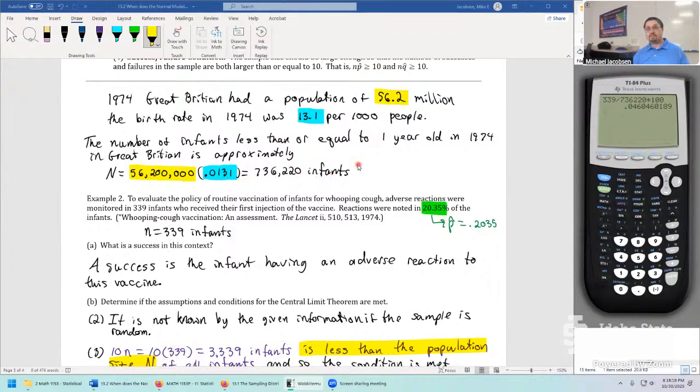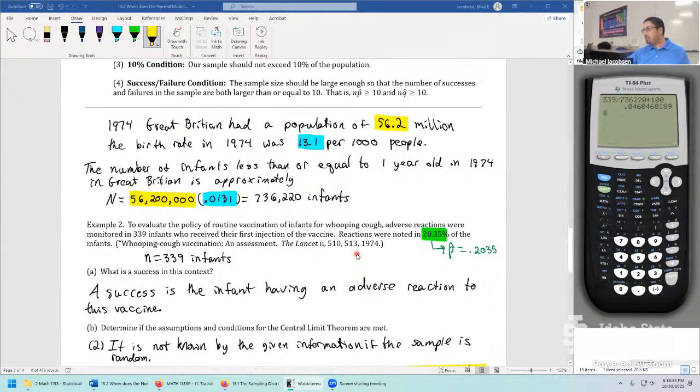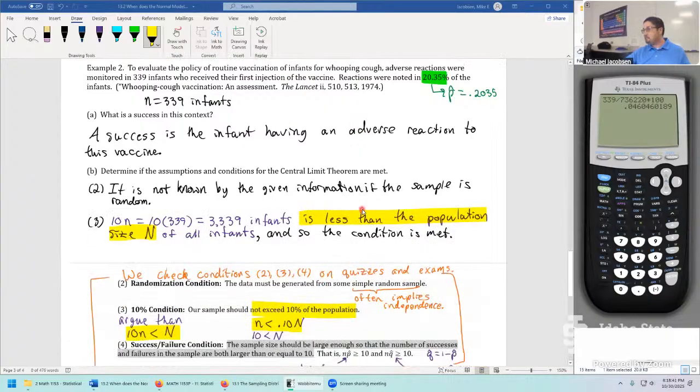No, I just Googled number of births in Great Britain in 1974. Oh, so that's the same kind of number that I'm going for right here. So my crude estimate isn't exactly what happened. Maybe 1974 was a good year. Who knows what happened in that year? Going by just the birth rate, you get a really bad approximation.